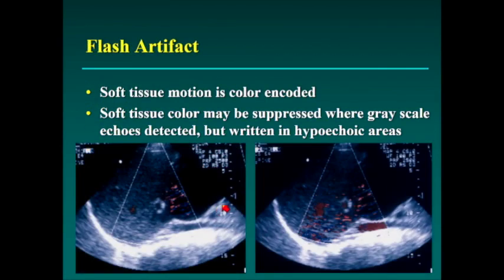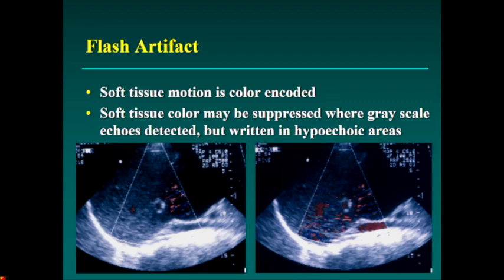Flash artifact is a result of the fact that when you do set up a preset in your Doppler, you are automatically choosing a level over which the grayscale will be written, over which color will overwrite the grayscale. In other words, fundamentally there's two flow settings that you're going to cope with.